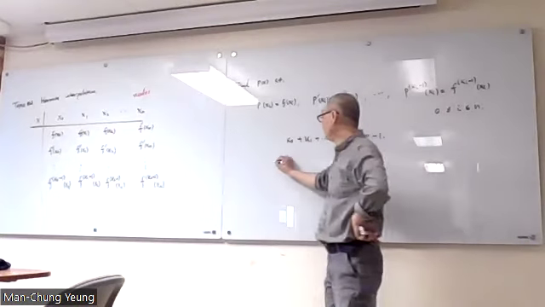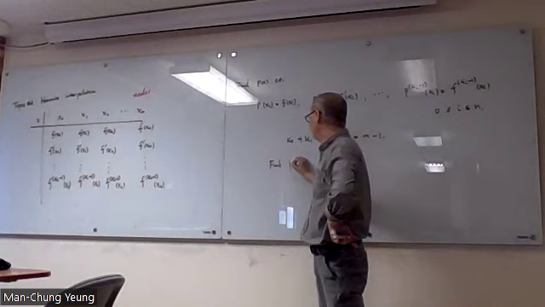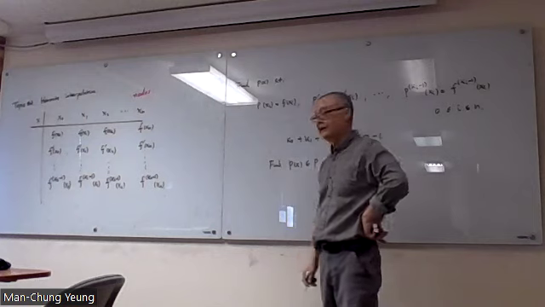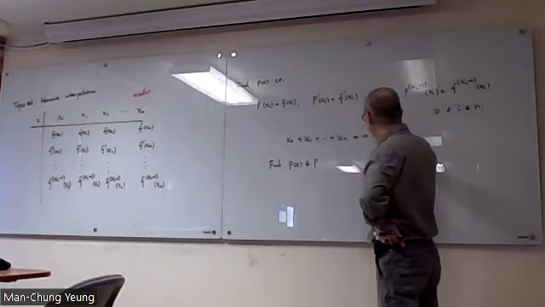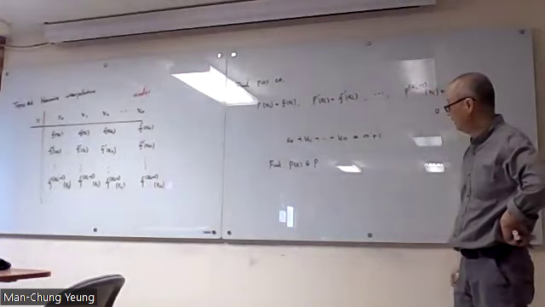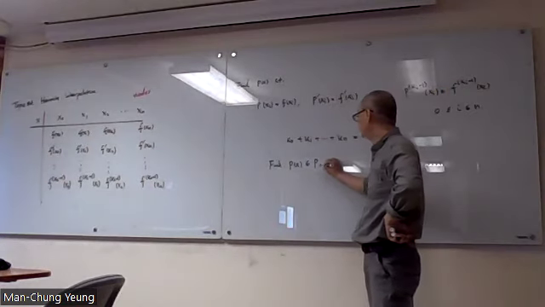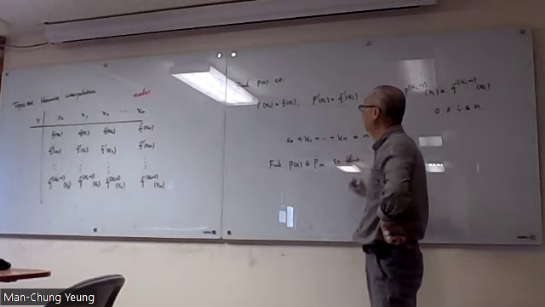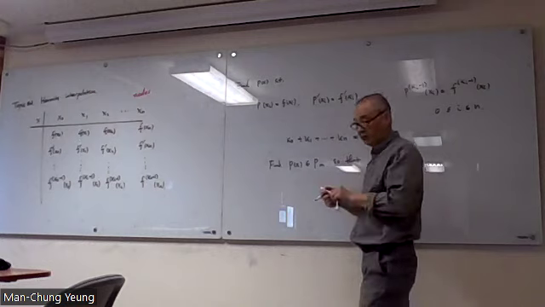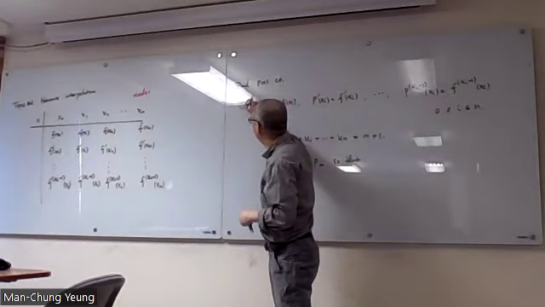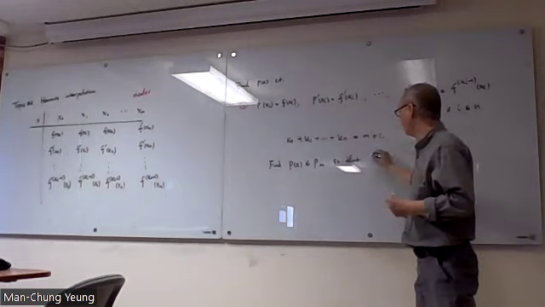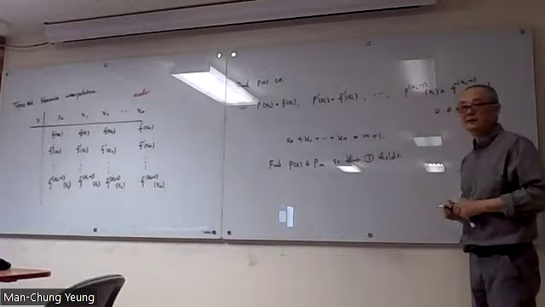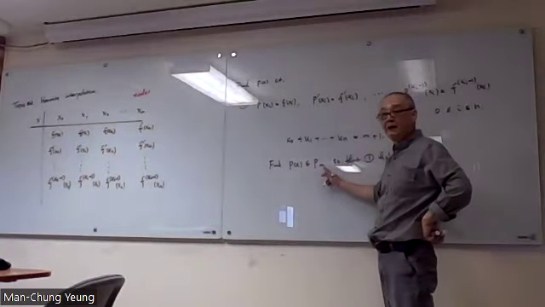Okay, so I want to find a polynomial of degree m, so that the conditions hold. Let me give a name: condition 1. So that condition 1 holds.